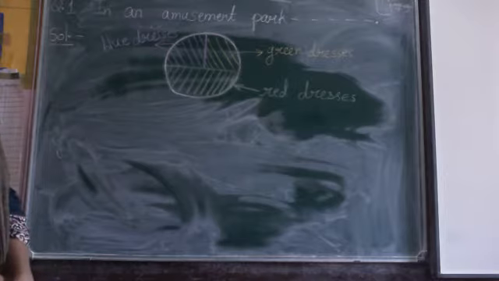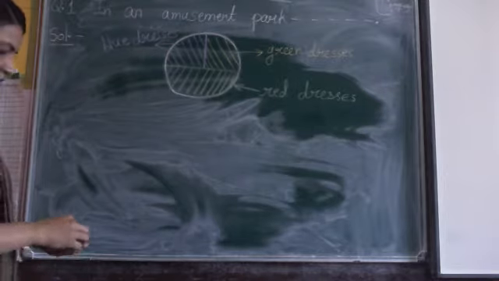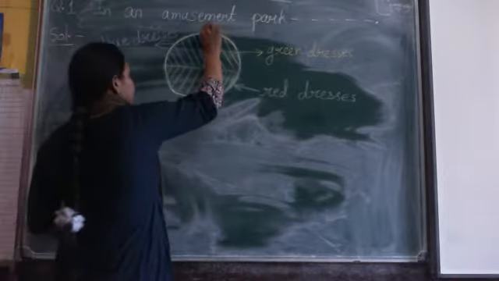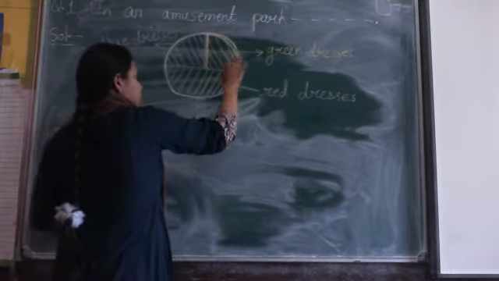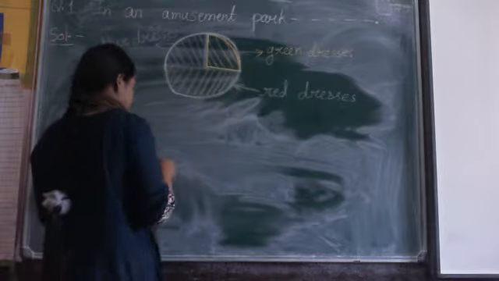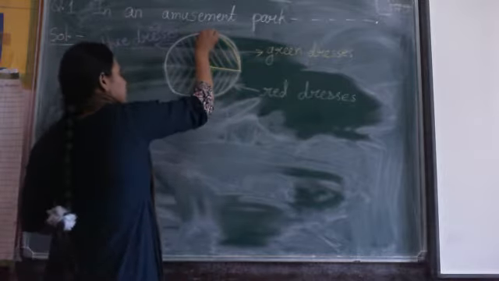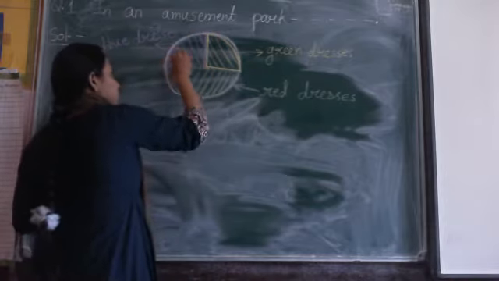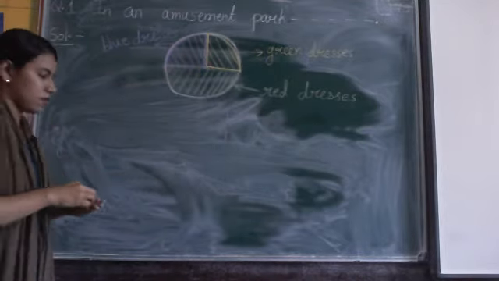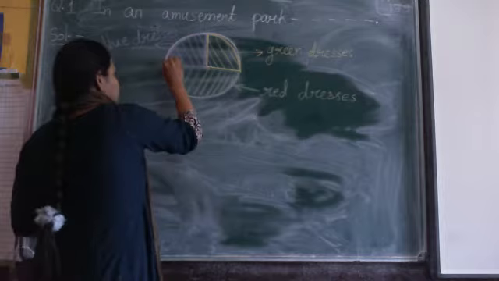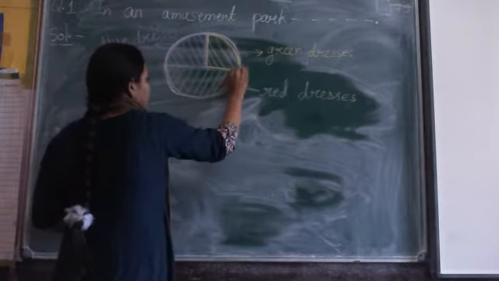So draw this chart. You can show it by the different colors. You can color your bar graph, pie chart with different colors.